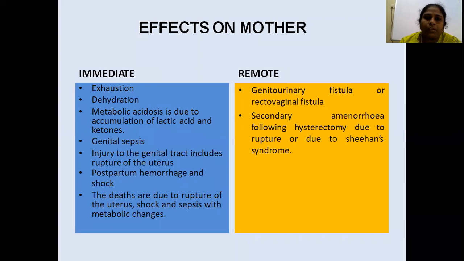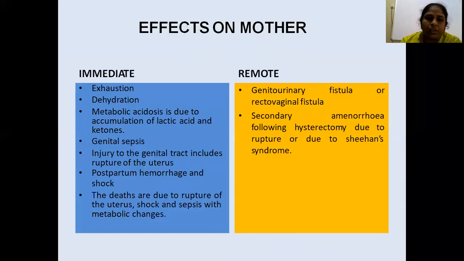Effects of obstructed labor on the mother. Immediate effects: the patient will be severely exhausted, dehydrated. There will be lactic acid and ketone accumulation that leads to ketoacidosis, infections, genital sepsis.